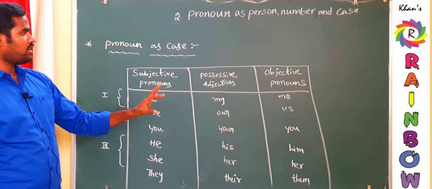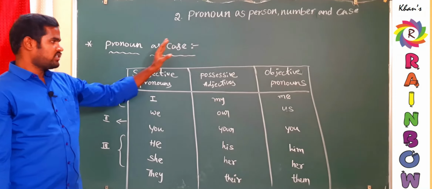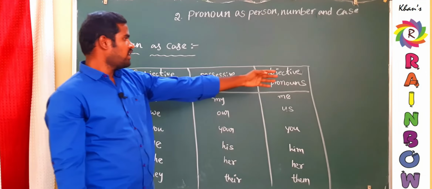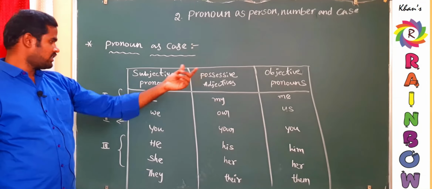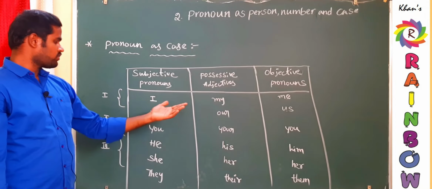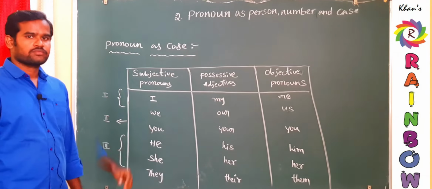So this table is the division of pronoun based on case. Three cases: subjective, possessive, objective. There is one more case which is known as reflexive case. That is, I becomes myself, we becomes ourselves, you become yourselves, he becomes himself, she becomes herself, and they becomes themselves. But we will discuss those reflexive cases in the upcoming classes.